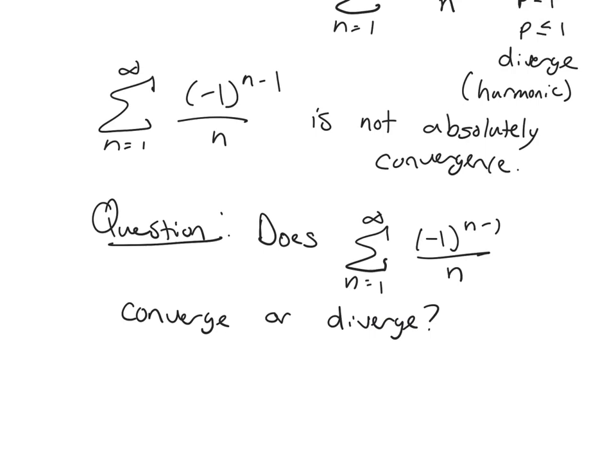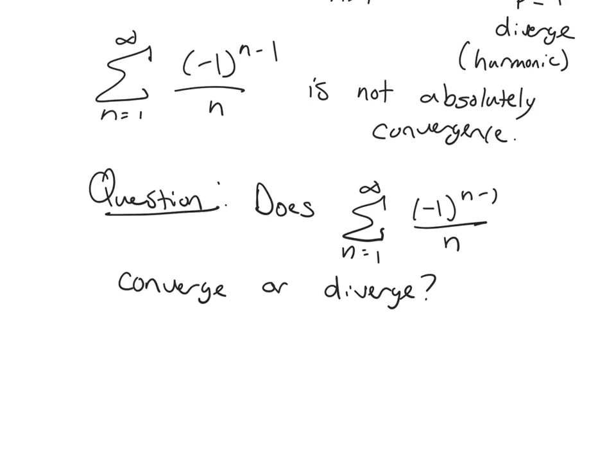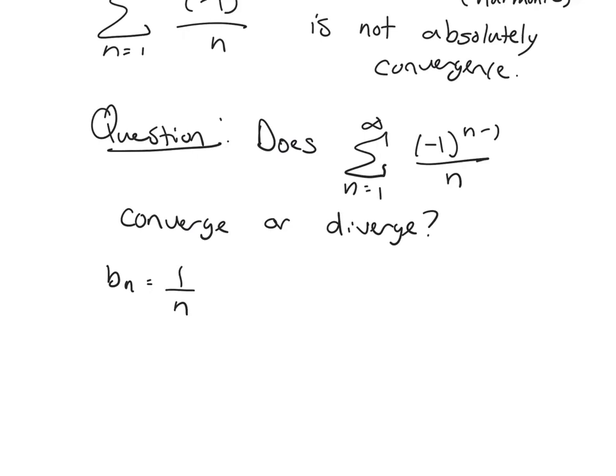This is an alternating series, right? We've said that. So I can use the alternating series test, so let's do that. We did that before. What's my b_n going to be? 1 over n. You remember the two things we need to show for alternating series? Decreasing, and the limit is 0.